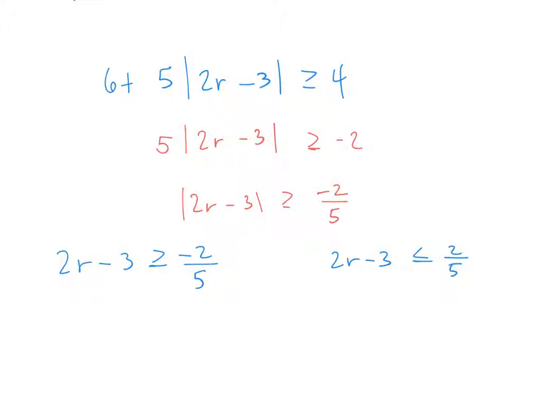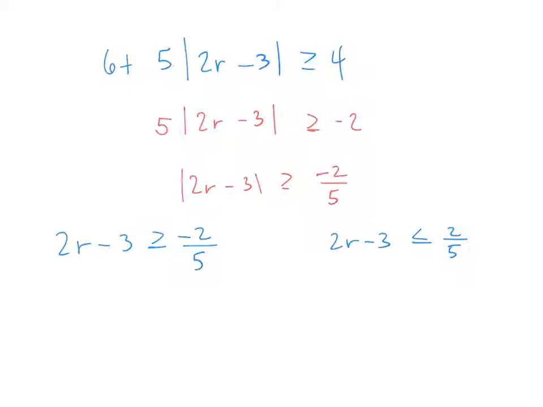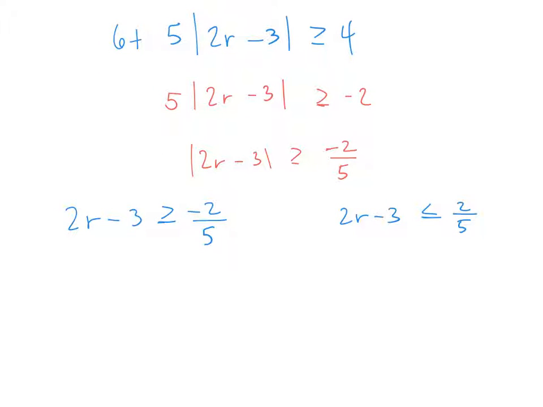I solve these individually. What's the easiest way to solve these kinds of problems? Even though we divided by 5, what do we really want to do now at this point? I know we already divided by 5, so it's annoying, but what should we do? Multiply by 5. Yeah, multiply through by 5.